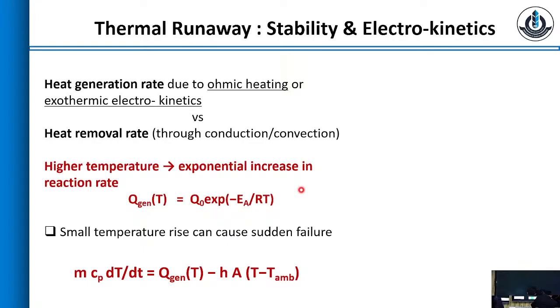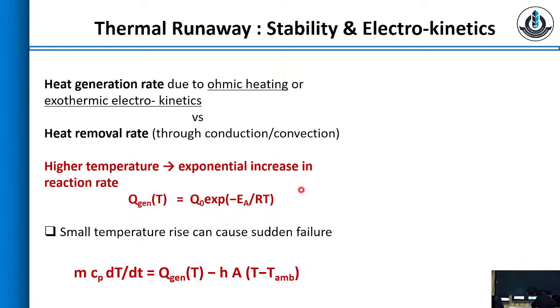Okay. So now, if you look at this kinetics, most of the heat is going to be generated because of this material degradation and reactions. If you recall yesterday's reaction rate expression, you can basically express this heat generation component in terms of some Q naught times exponential of minus EA by RT. Okay, so what was EA yesterday?